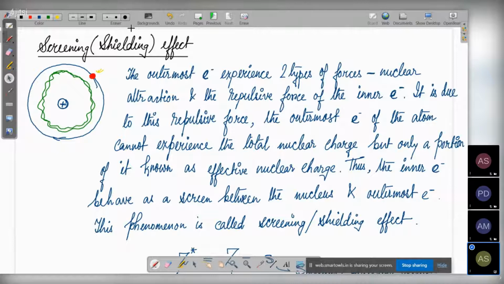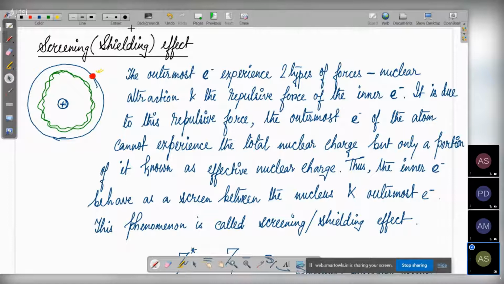It is due to this repulsive force by the inner electrons that the outermost electron cannot experience the total pull of the nucleus, the total nuclear charge. Rather, it only feels a portion of it, and this is called the effective nuclear charge.